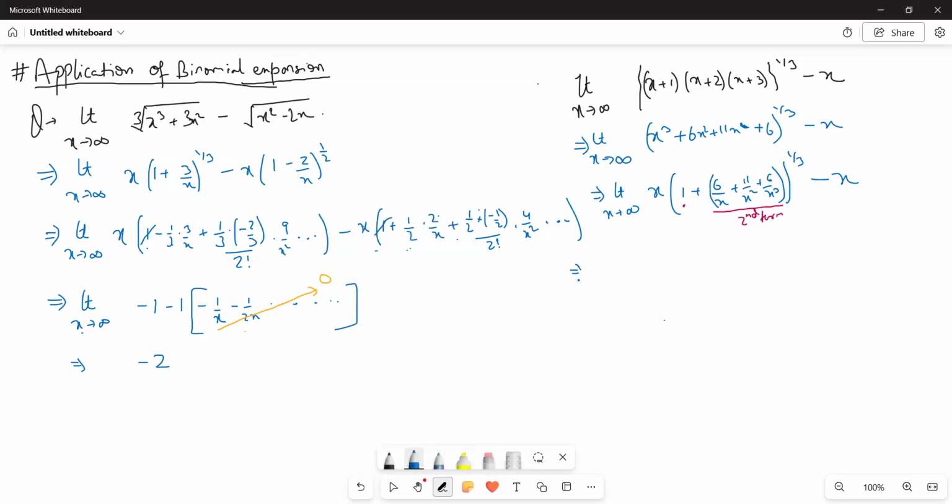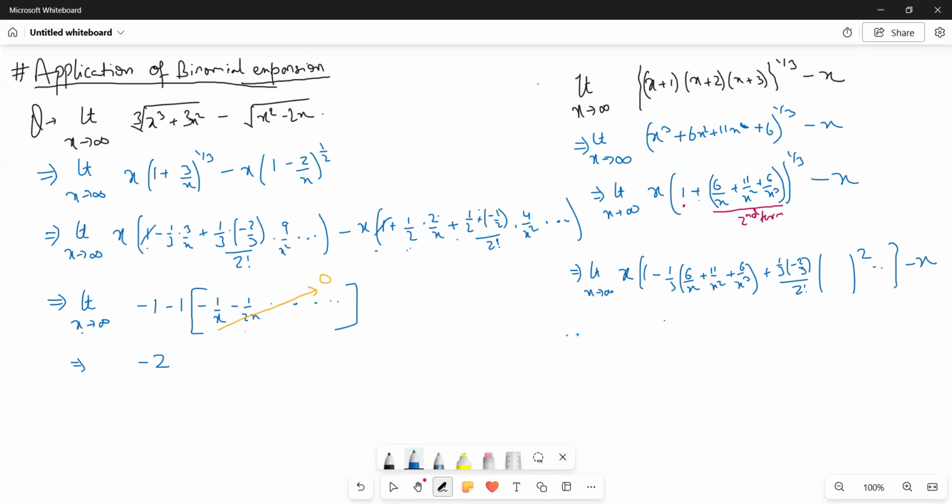So now we use the binomial expansion. Limit x tending to infinity, x into 1, and since there is a plus sign in between, plus nx, so n is 1/3 here, and x here will be 6 by x plus 11 by x square plus 6 by x cube. Then plus n into n minus 1 by 2 factorial and x square, not writing it, and so on.